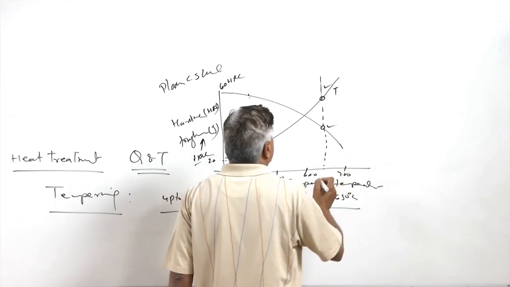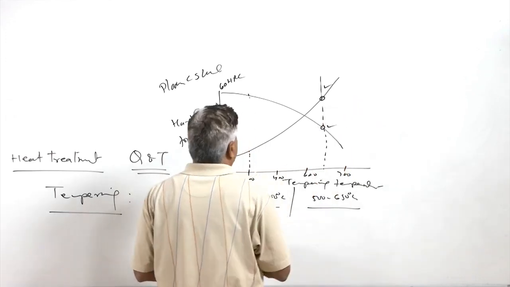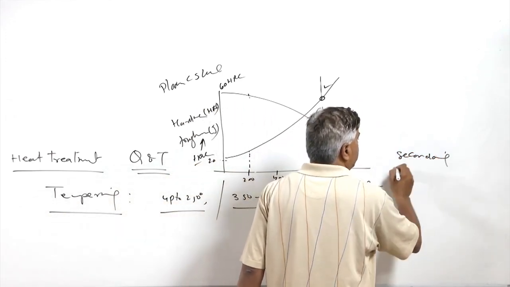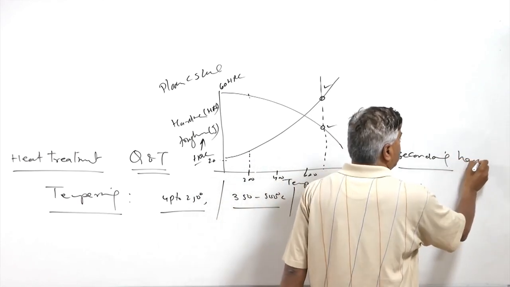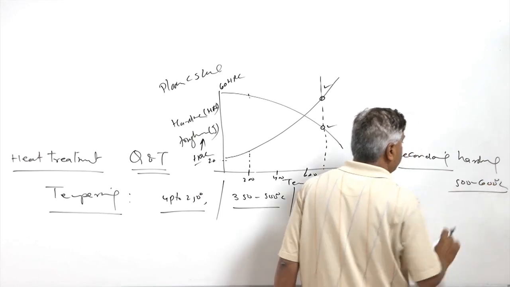If we consider another kind of steel wherein some secondary carbide forming elements are present, then secondary hardening is also observed, especially in the 500 to 600 degree centigrade temperature range.